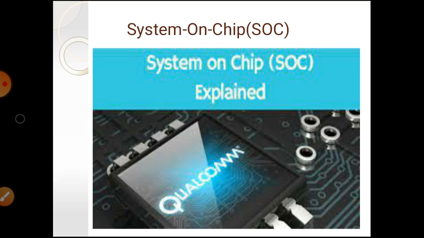A system on chip is an integrated circuit. Integrated circuit means IC, which has most of the components of a computer or any electronic system. These components include CPU, Central Processing Unit, memory, that is ROM or RAM memory, input-output devices, and graphical processing unit, that means GPU.